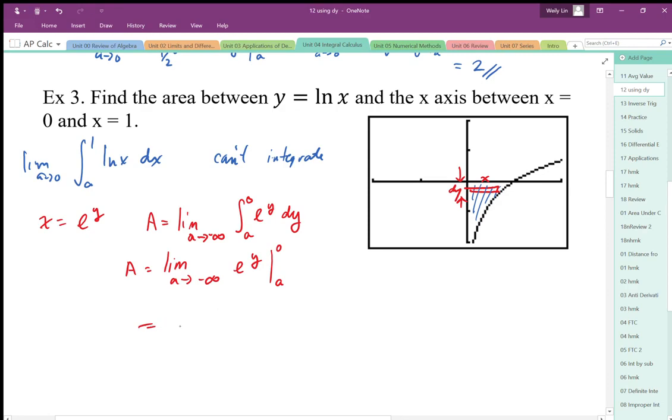That's going to be e to the 0, which is 1, minus e to the negative infinity, which is 0. So we end up with an area of 1. Okay, so this is one where this ability to shift from dx to dy allows us to use an inverse function, which is an easier integral to deal with.